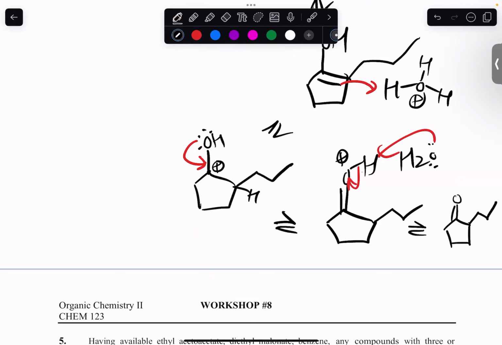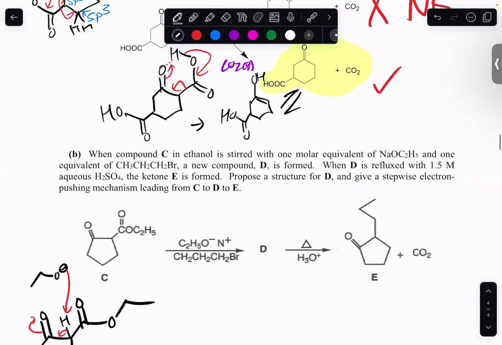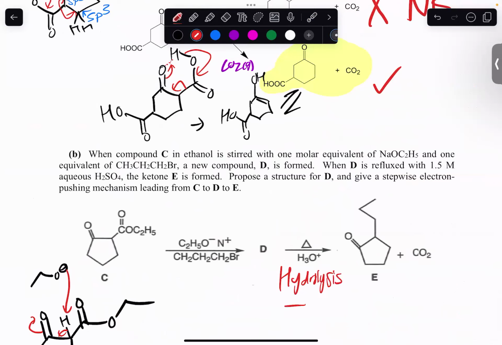1, 2, 3. There we go. So this right here was a hydrolysis step first, and then it went to a decarboxylation. For this one, what's the definition of hydrolysis?